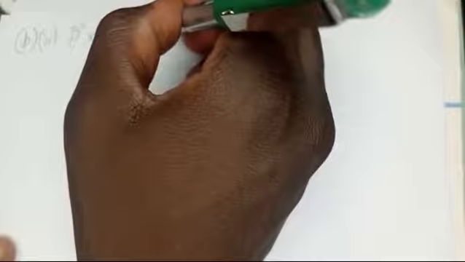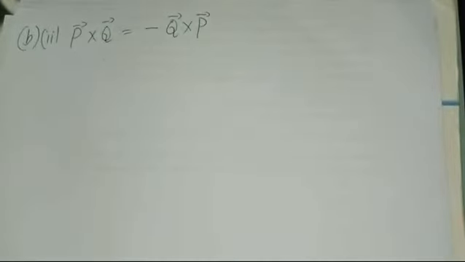Now the other one says we should show that, in part B Roman numeral 2, P cross Q is equal to negative Q cross P. In other words, the law of commutativity doesn't apply to the cross product.